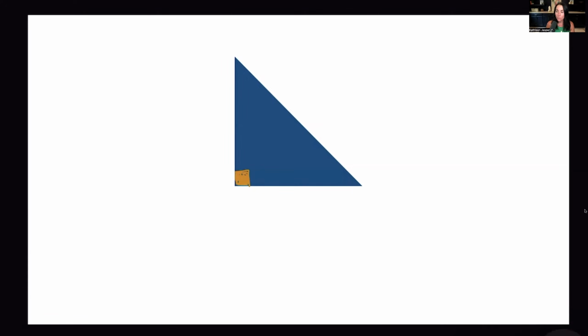Now, typically, when we want to find the perimeter of a triangle, we would use the Pythagorean theorem. It has to be a right triangle, not just any triangle, a right triangle. And that would be a squared plus b squared equals c squared. Now, if you haven't been in a math class in a while, I'm sure you had nightmares about the Pythagorean theorem, and it's fine. It's easy peasy. Don't worry about it. But a and b are the short legs of the triangle.